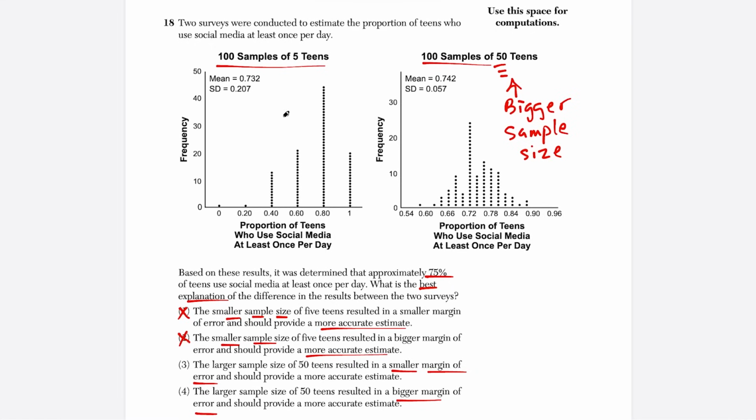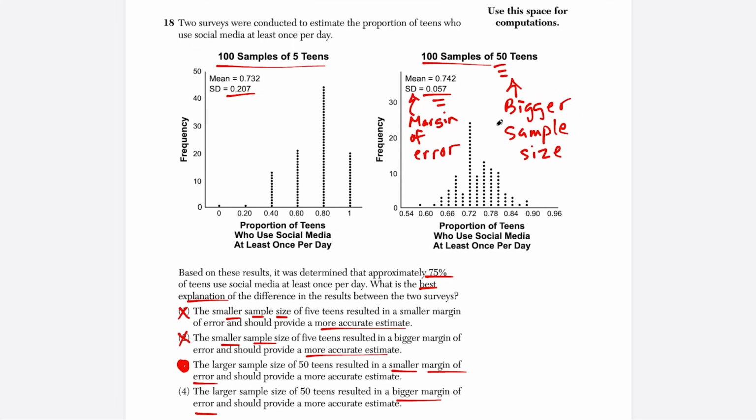If we look at the results, we have the mean value here, and the standard deviation here is 0.207, and the standard deviation here is much smaller, 0.057. Think of this as your margin of error. The standard deviation in a way tells you your margin of error. For the bigger sample size, we have a smaller margin of error, which means a more accurate estimate. So choice 3 is our answer.